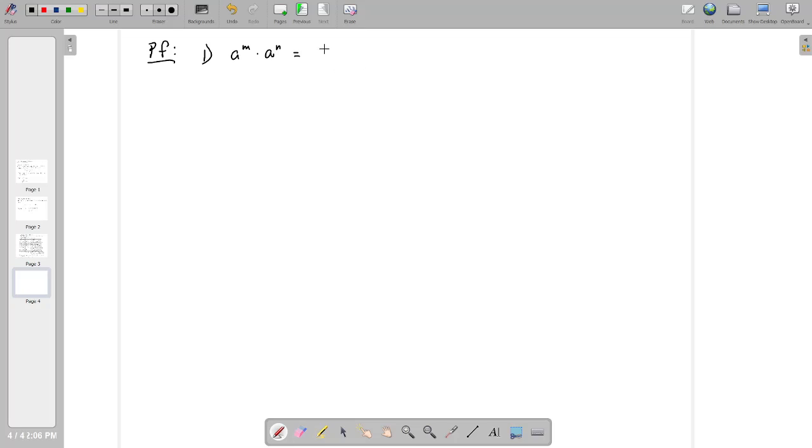So here, a to the m, remember that a to the m means a times a times a, m times. So we have a to the m here, and there's m total a's listed here. Multiplied by a to the n, a times a times a times a, and there's n of them here.